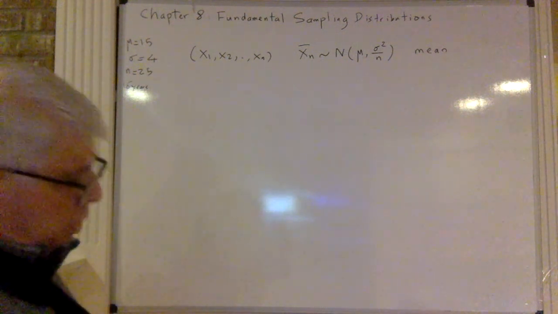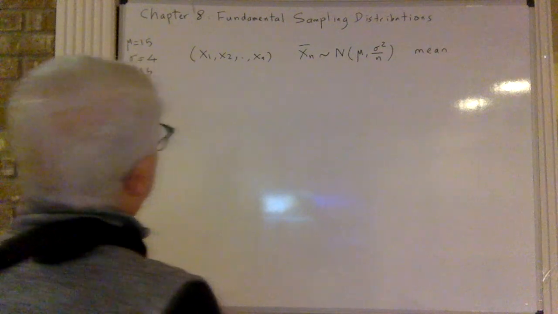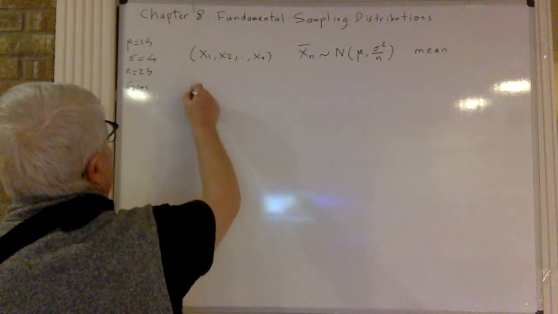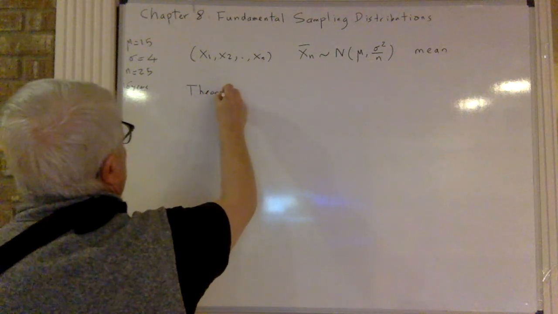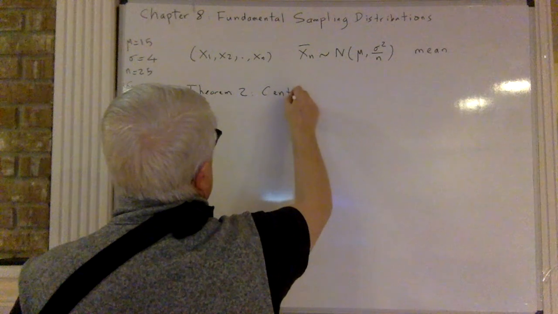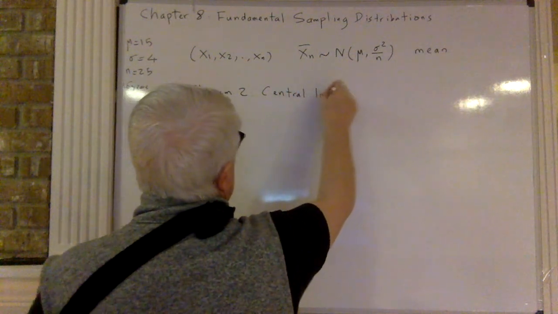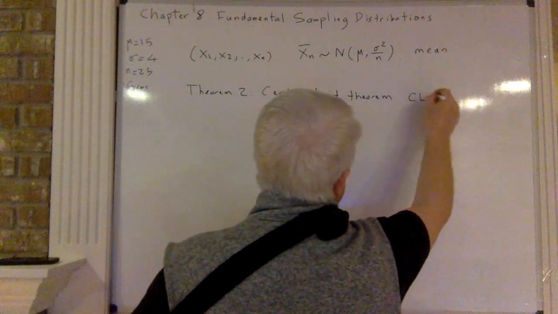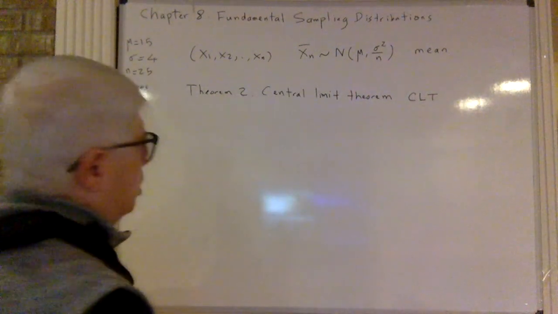Now, for that mu, this is what happens. We have another theorem. Let me write theorem 2. This is called the central limit theorem, known by CLT.